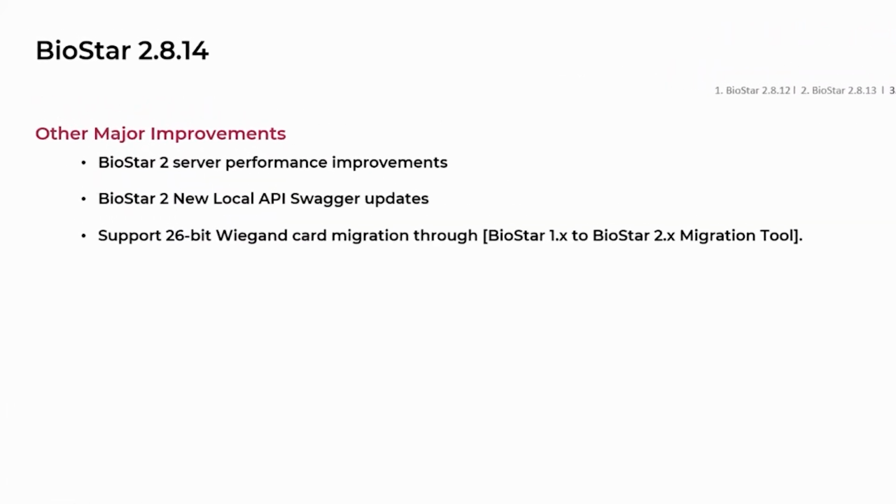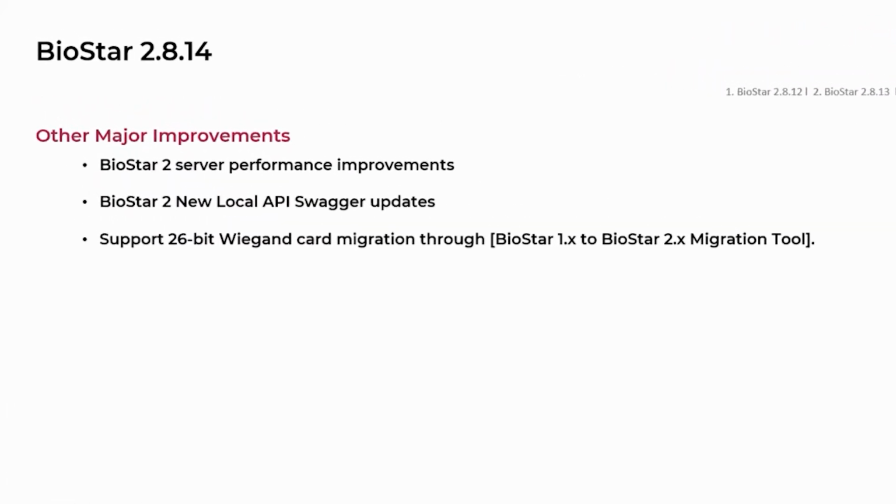The final items improved in BioStar 2.8.14 include server performance improvements, some improvements in BioStar 2's new local API Swagger, and support for 20-bit Wiegand format cards in the BioStar 1 to BioStar 2 migration tool.